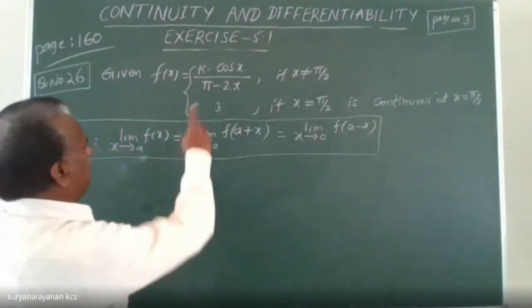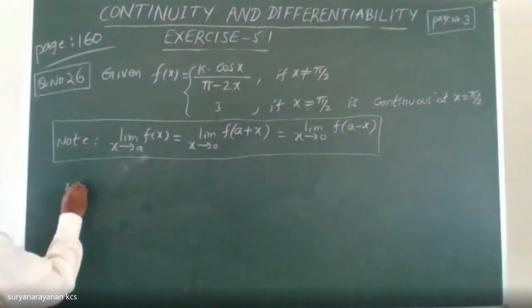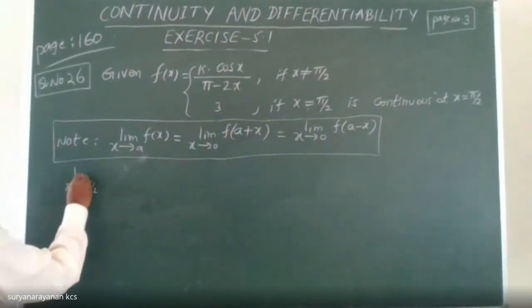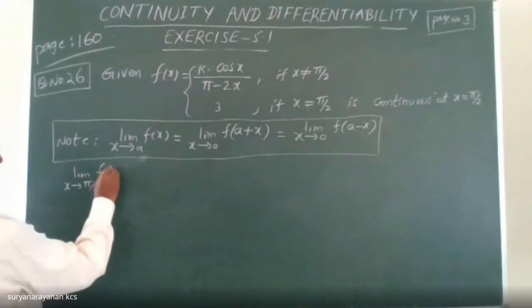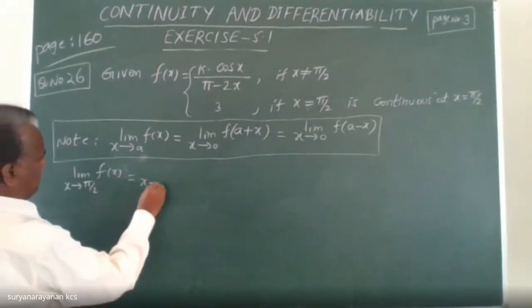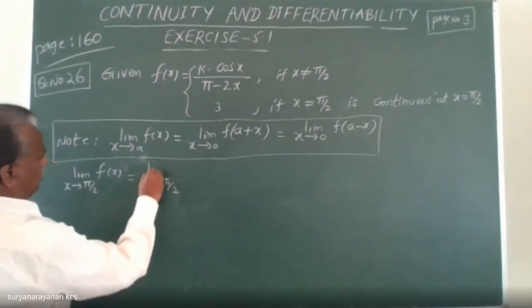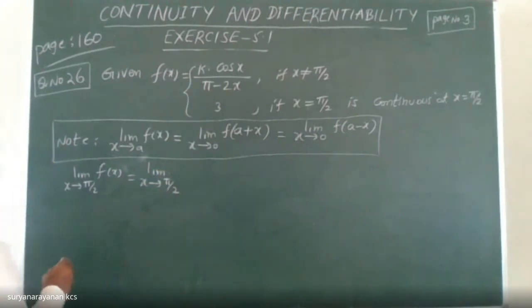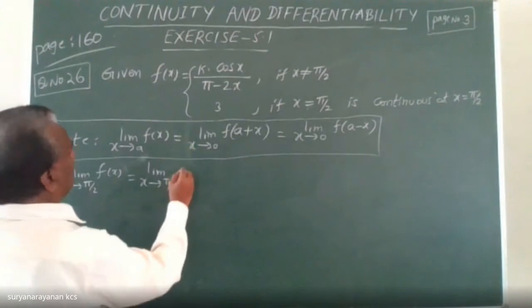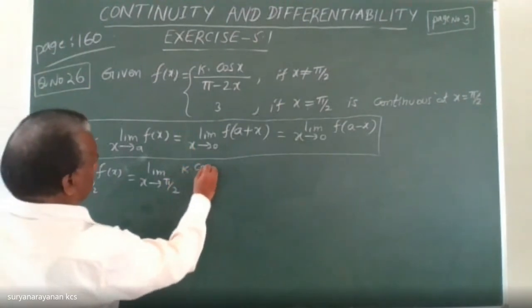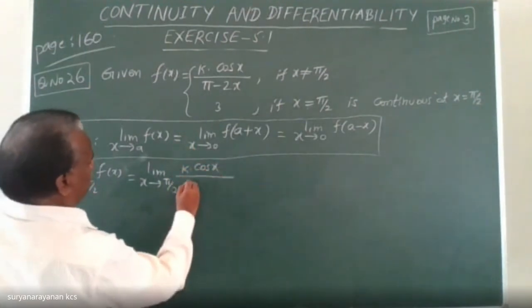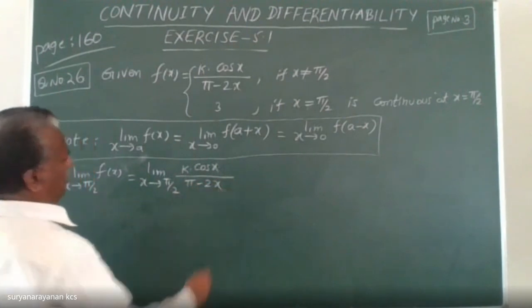So let us find as x tends to pi by 2, limit f of x, which is equal to as x tends to pi by 2, limit k into cos x by pi minus 2x.